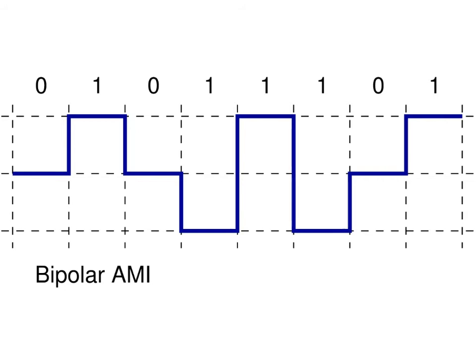So this is one where we have 3 levels in effect. 1 level for bit 0, 2 levels for bit 1. Same as the other schemes, we have 1 bit per signal element, per pulse.